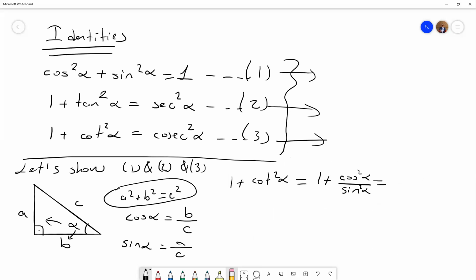So this is sine square alpha plus cosine square alpha over sine square alpha. This is the same as the proof of the second identity.